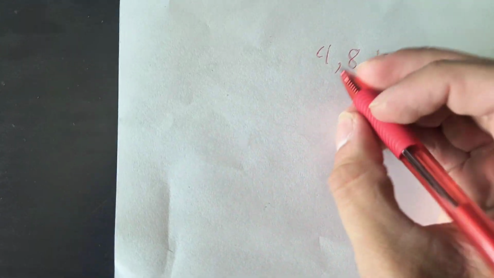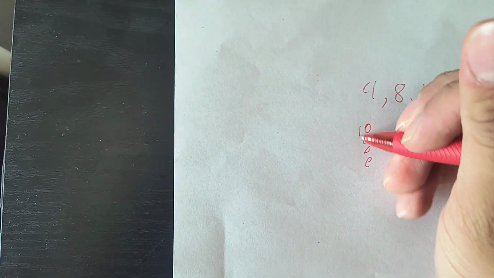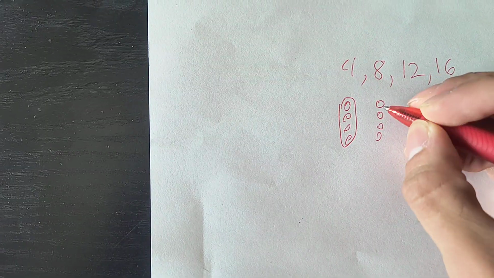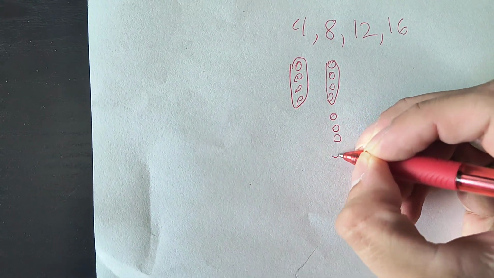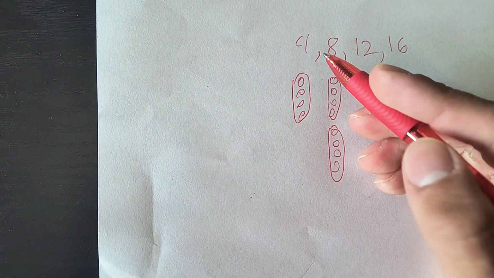You would say, okay, well, we started off with 4. And then we got to 8, which is just adding 4 more. So we added another group of 4 to 4.